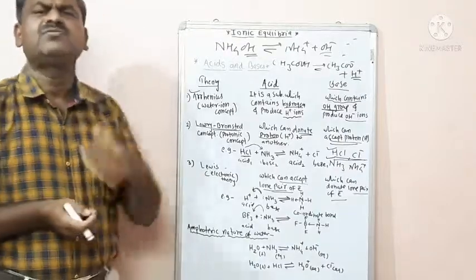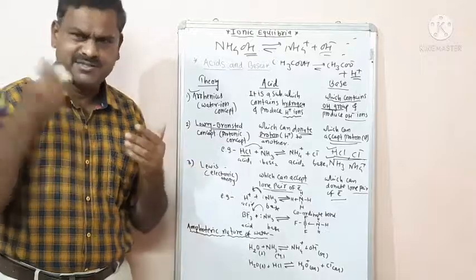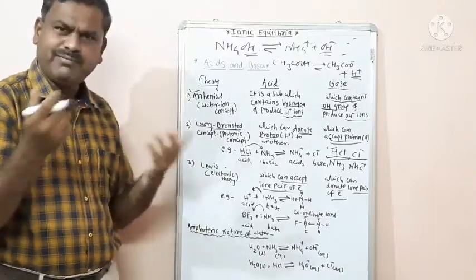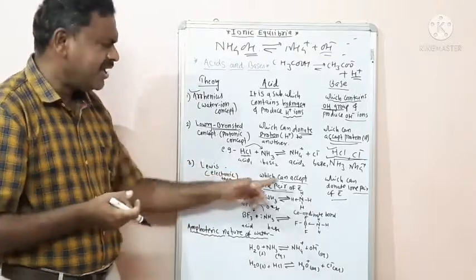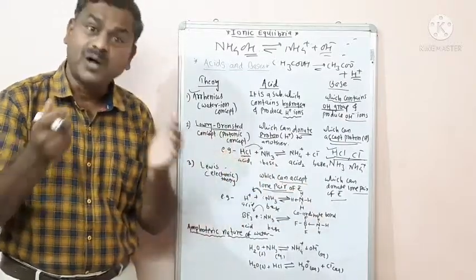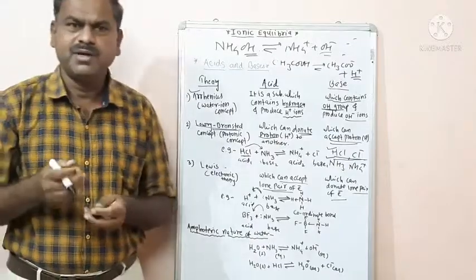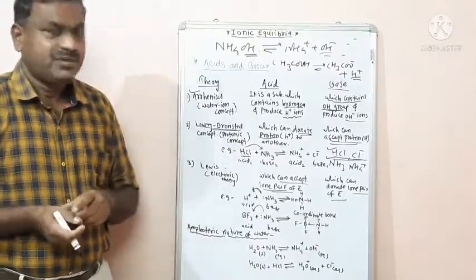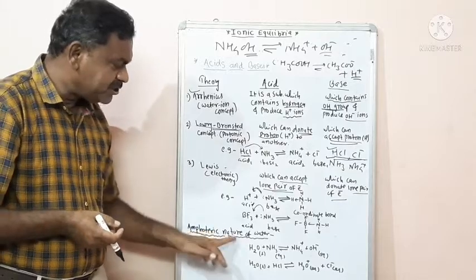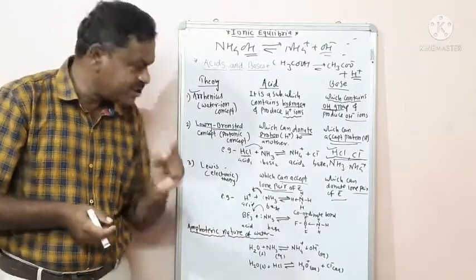Or sometimes the annual exam asks you to define acid and base by the Lewis concept: an acid accepts a lone pair of electrons, and a base donates a lone pair of electrons. Or you may be asked to explain the amphoteric nature of water.